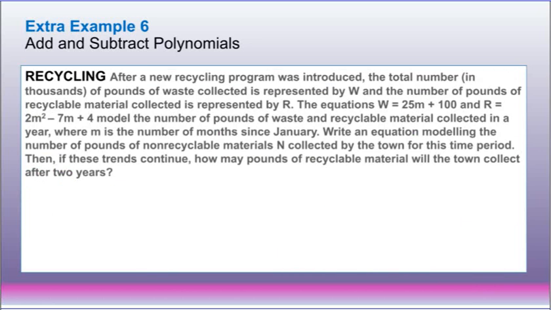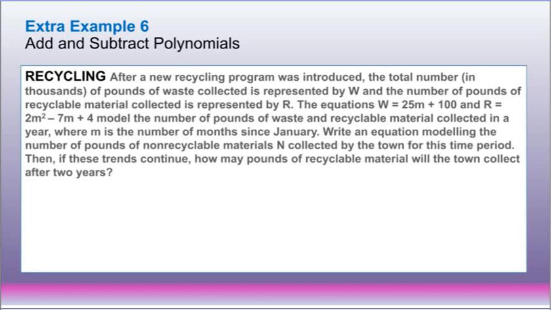Next, after a new recycling program was introduced, the total number in thousands of pounds of waste collected is represented by W, and the number of pounds of recyclable material collected is represented by R. The equations are W equals 25M plus 100, and R equals 2M squared minus 7M plus 4.